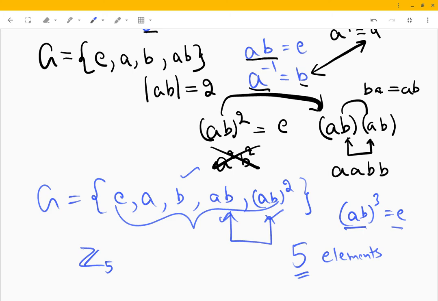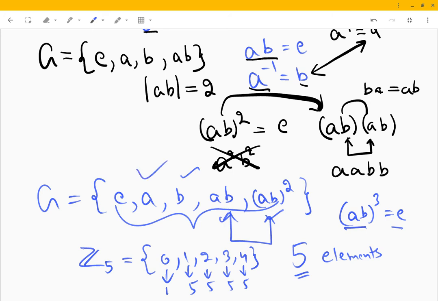Okay, so if it is isomorphic to Z5, I wonder if you are aware of this or not. Order of 0 is 1, order of 1 is 5, order of 2 is 5, order of 3 is 5, order of 4 is 5. So see, there is no element of order 2.